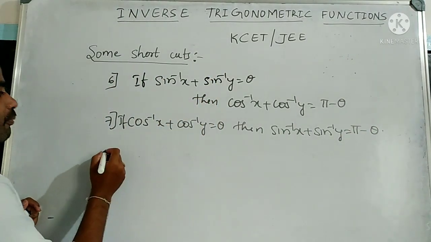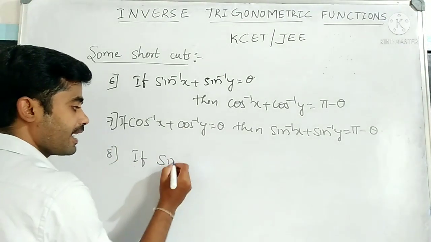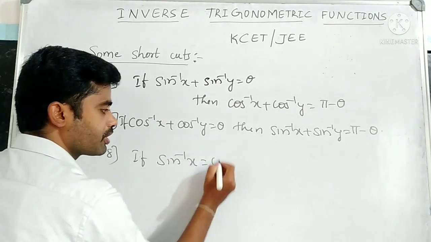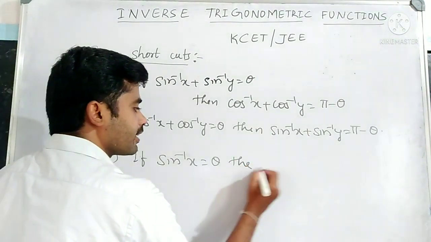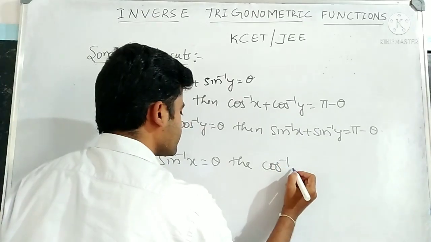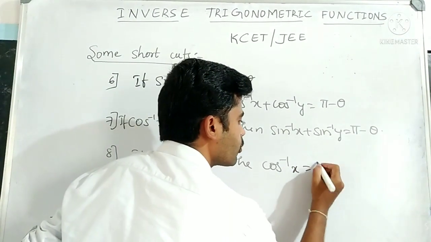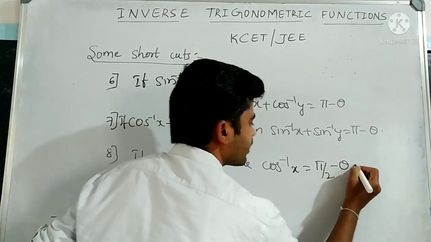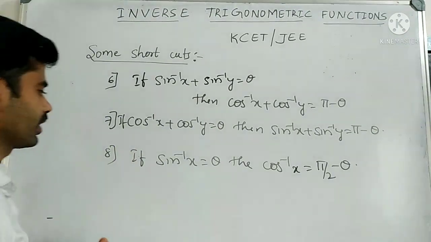In the same way, if sin inverse x is equal to theta, then cos inverse x is equal to pi by 2 minus theta. Complementary angles, we know that from the first PU.